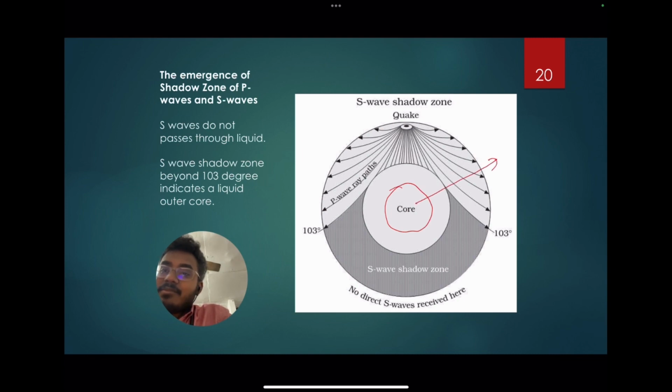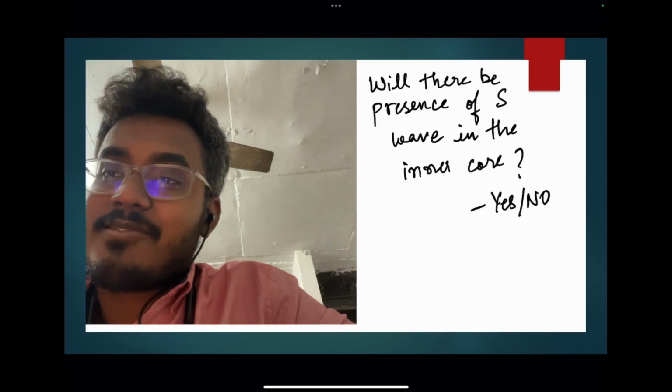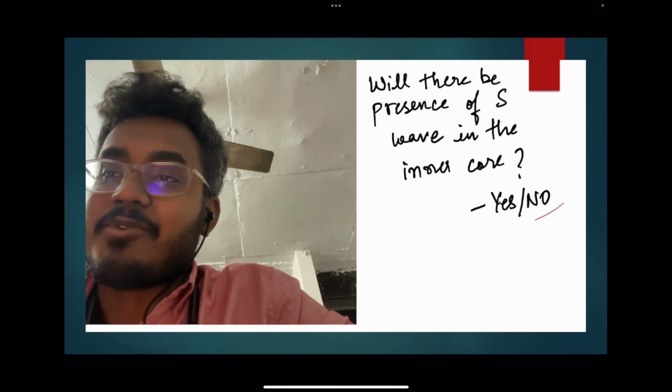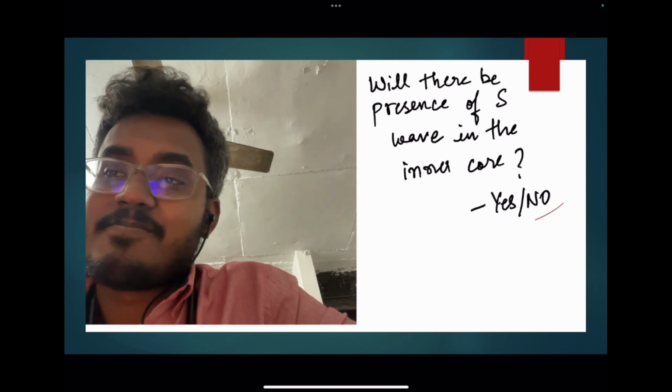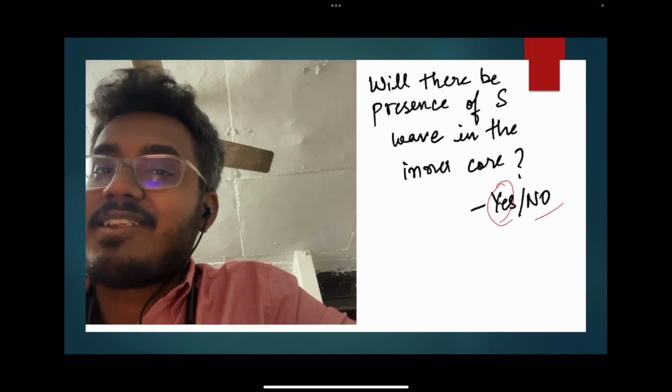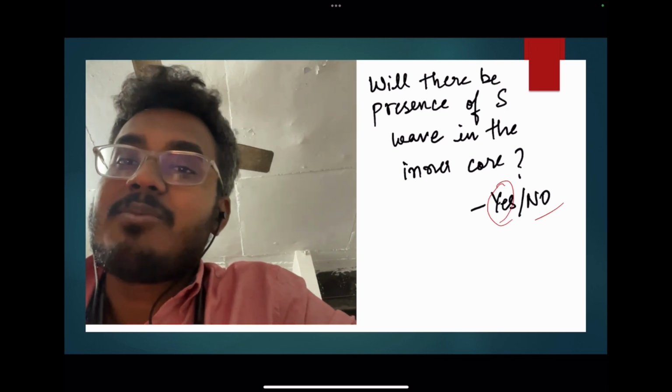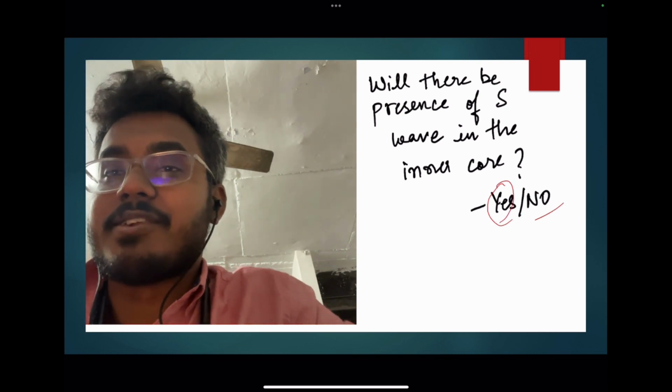So will there be S wave in the inner core? Common sense says that when it could not enter into the outer core, how can it be found in the inner core? So we would say no, it won't be found. But unfortunately, the answer is yes. There will be some S waves in the inner core.